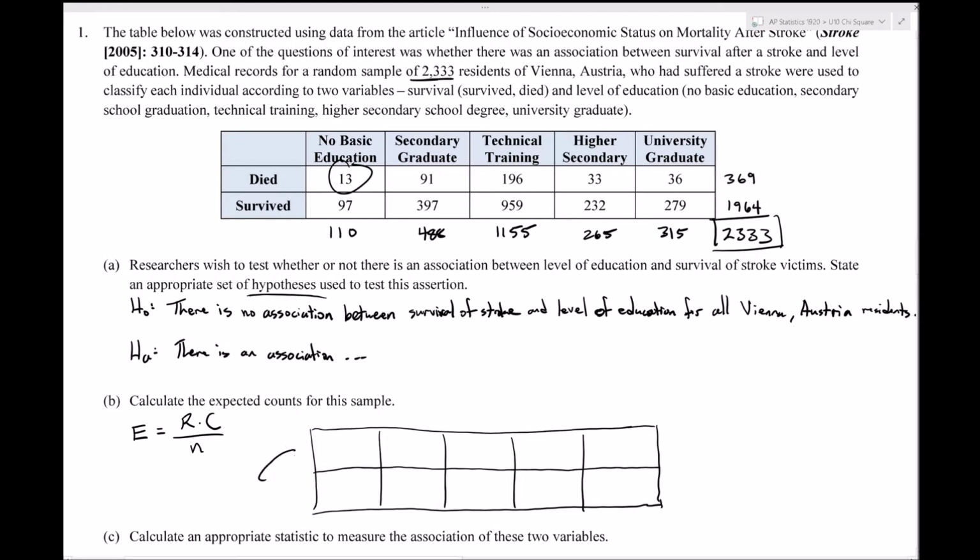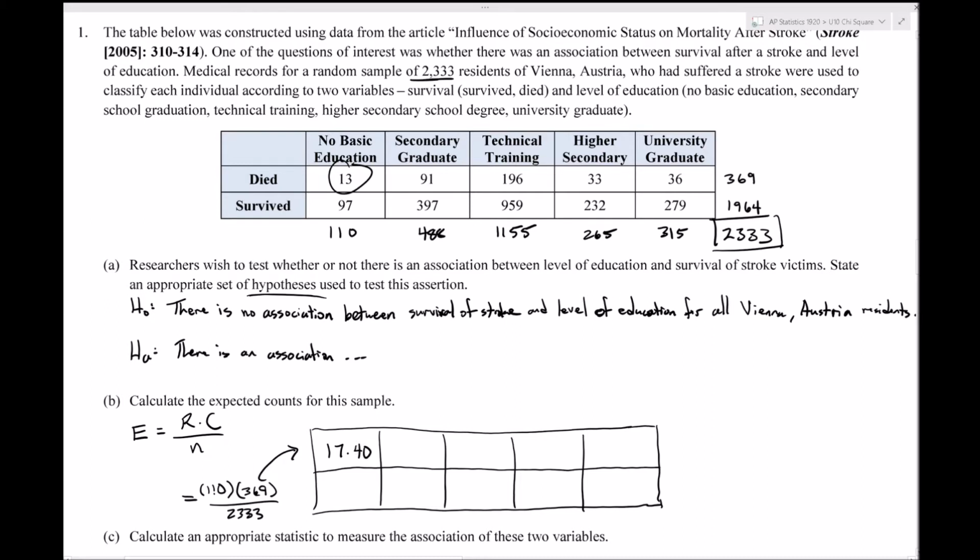So this is 110 times 369 divided by 2333. If I plug that into my calculator, I get 17.3982, which rounded to four significant digits is 17.40.